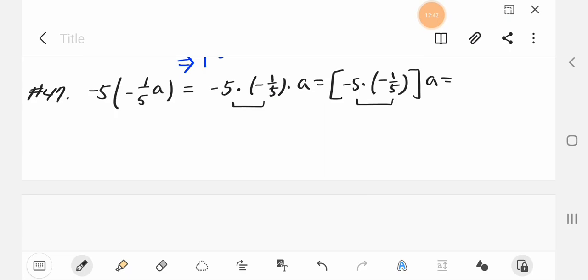So using the multiplicative inverse property, this becomes 1. So the answer will be 1a, which is equal to a. So always make sure that the product of reciprocals is always equal to 1. We call this property the multiplicative inverse property. Then the negative sign becomes positive. 5 times 1 over 5 equals 1.